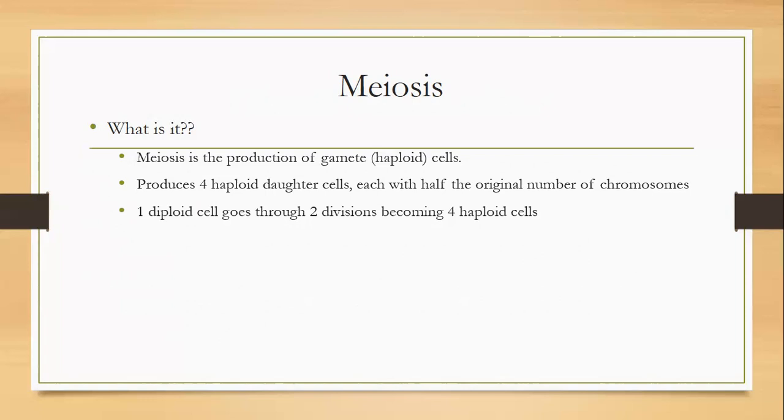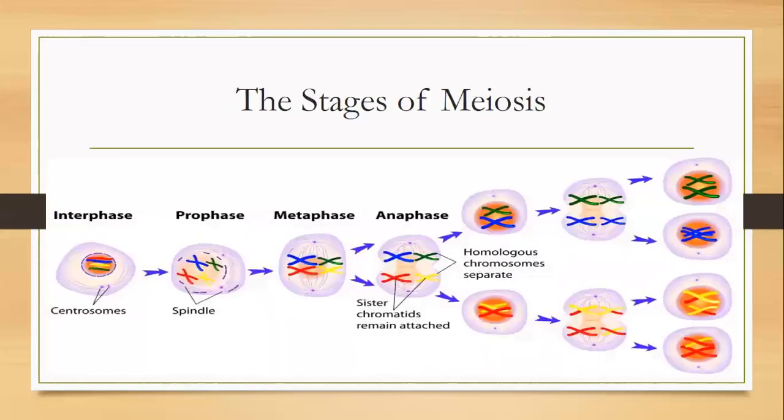The original diploid cell is going to end up going through 2 divisions. The first one will look very much like mitosis, and then the second one will end up with the 4 haploid cells because it will not go through interphase. Here is a picture of the stages of mitosis.